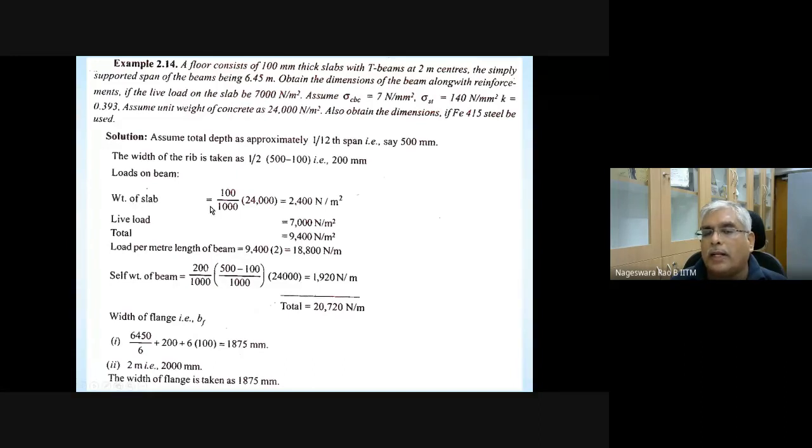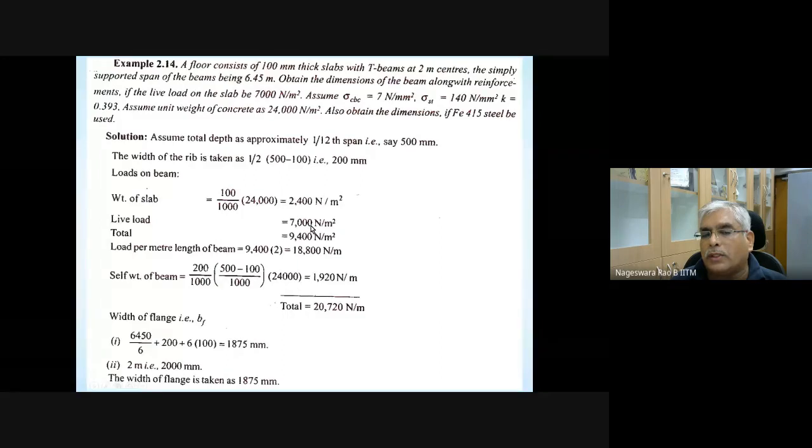What is the weight of the slab? The unit weight is given, and 100 mm is the thickness of the slab. Divide 100 by 1000 to convert into meters, then multiply with the density of concrete to get the weight of the slab per square meter. The live load is given as 7,000 Newton per meter square, and we add the two loads, slab load and live load.